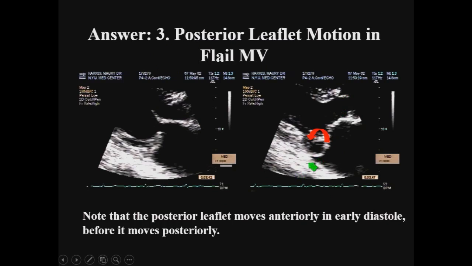Okay, the mitral valve first moves, the posterior leaflet moves anteriorly, and then it continues to open and moves posteriorly.